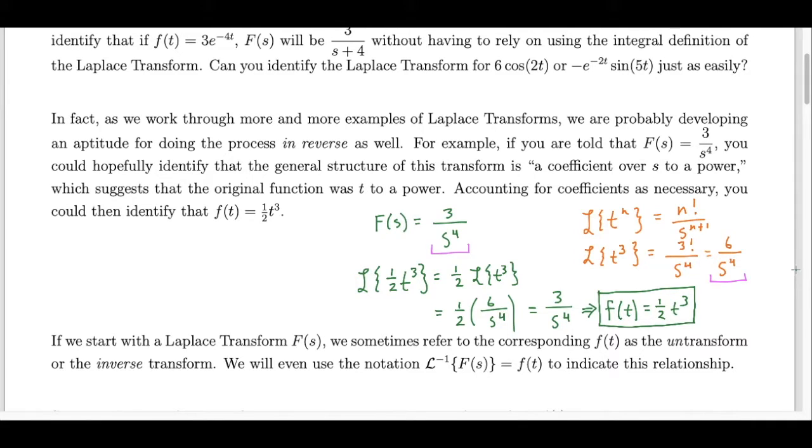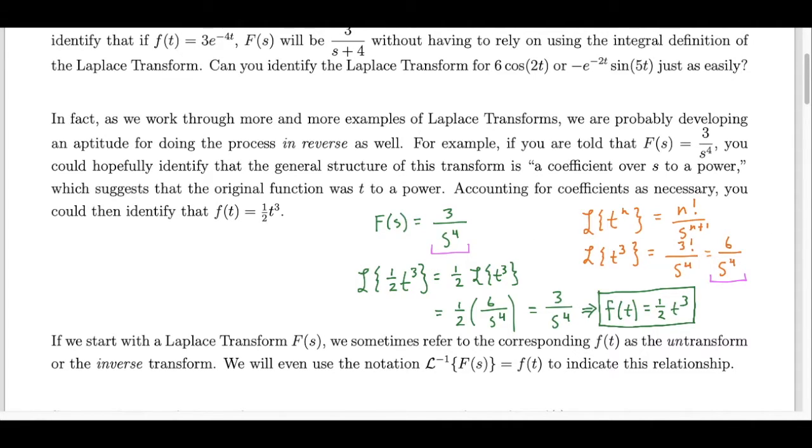So in this example, I looked at the general structure of my given capital F. I tried to identify a known transform that has essentially the same structure, and then I just did whatever was necessary. In this case, it just involved introducing this 1/2 to make those two line up.